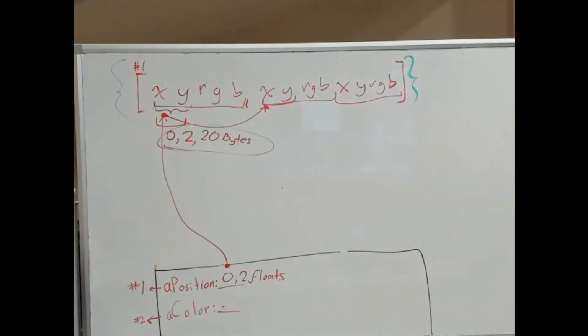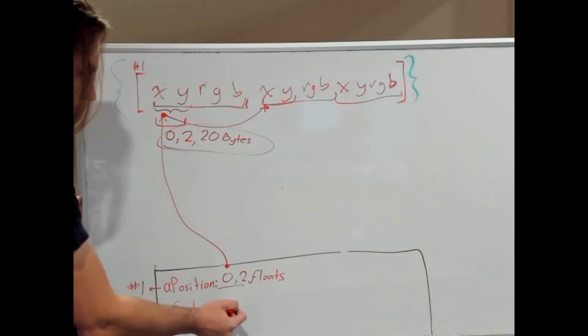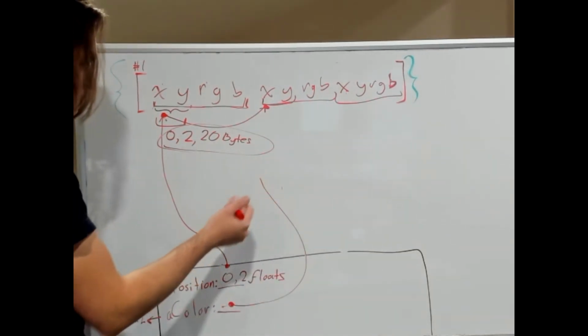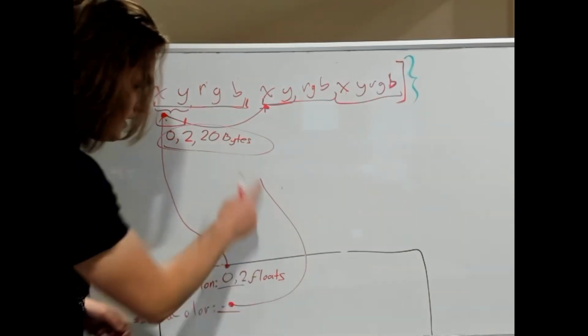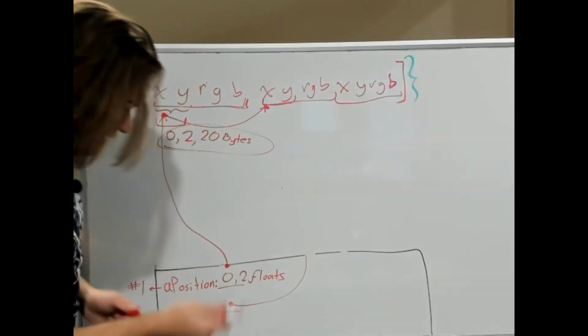So that's how we do that. The next question then is A color. Now that I've done this drawing, I hope it makes sense intuitively what should happen next.